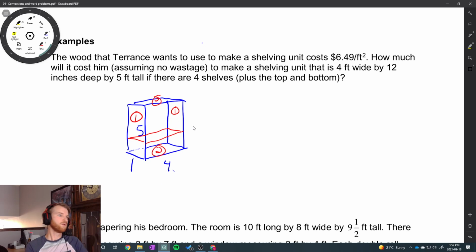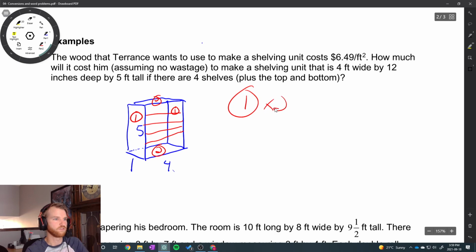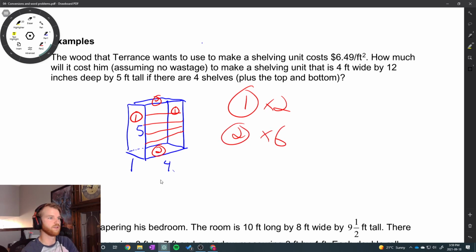Okay, so we'll have 4 more of the shape 2s to make the shelves. So basically, those are the sides, 2 of those, and then the top and bottom and 4 shelves. So shape 2 we actually got 6 of. So we just have to find the surface area of those things, add them all up, and we'll get our final answer.